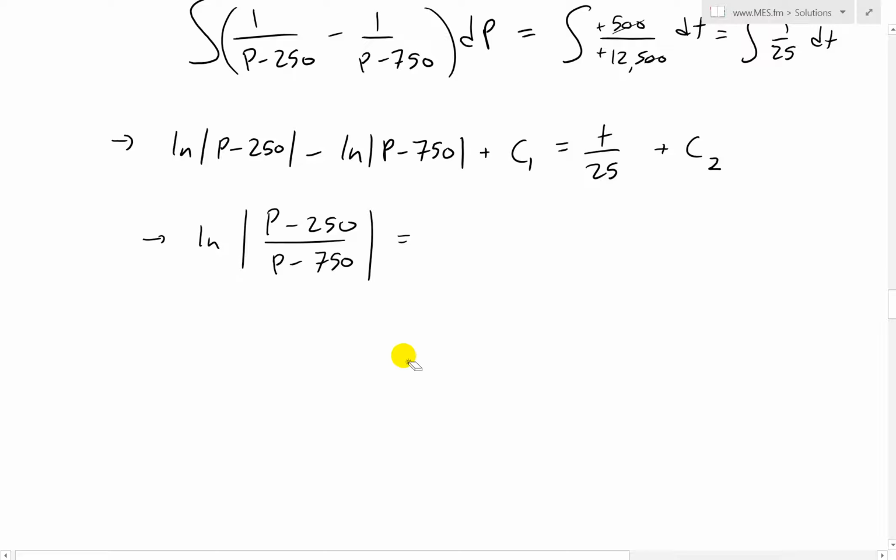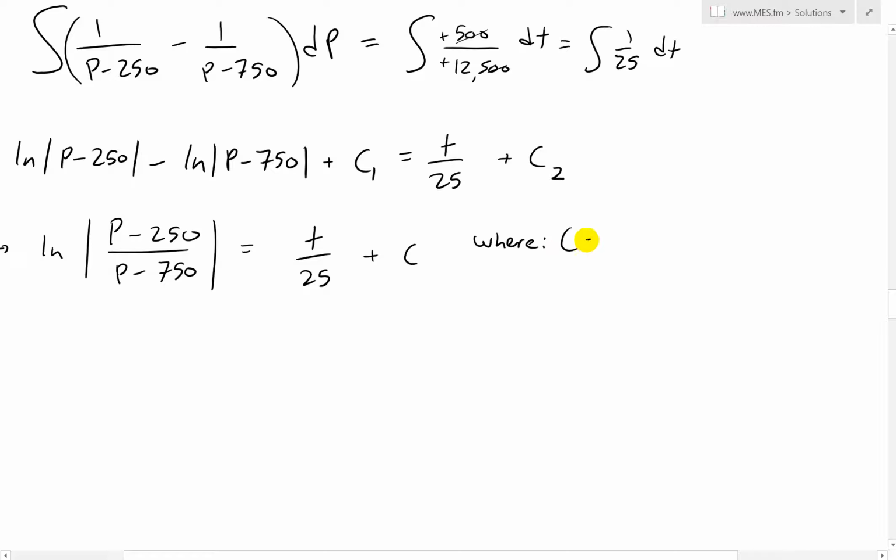Now we have plus, I'll call this c, where c is just c2 minus c1. Let's move it over, and that's just a constant. So subtraction of constants is still a constant, like this, neater.